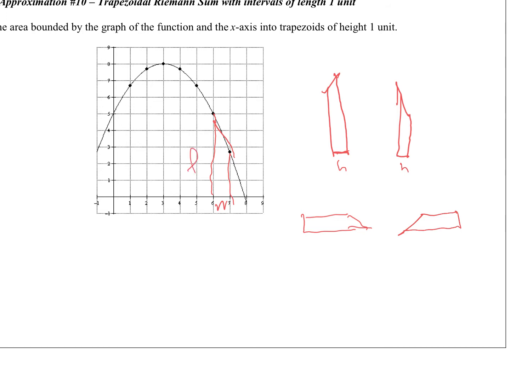In the normal picture, that's my height, that's my base 1, that's my base 2. But really, I'm calling these bases, so length actually is a base. There's two different bases.